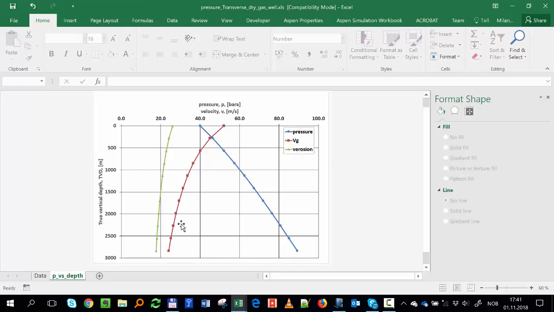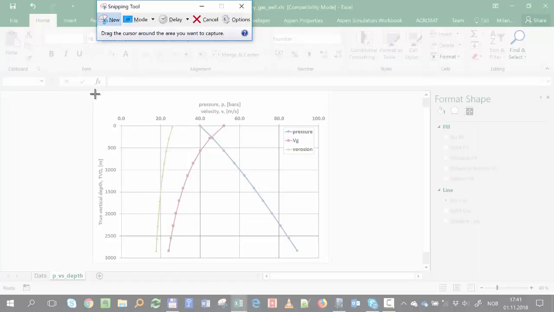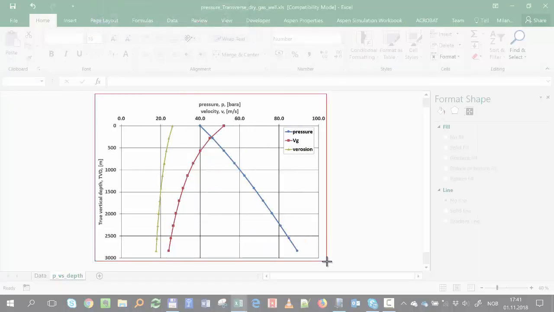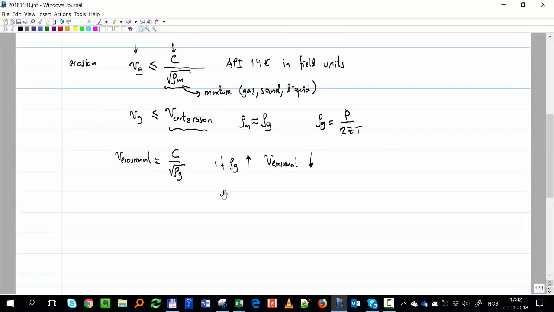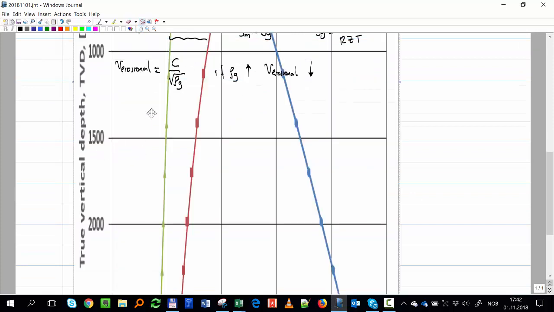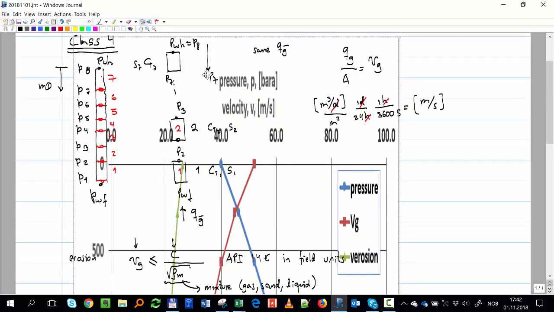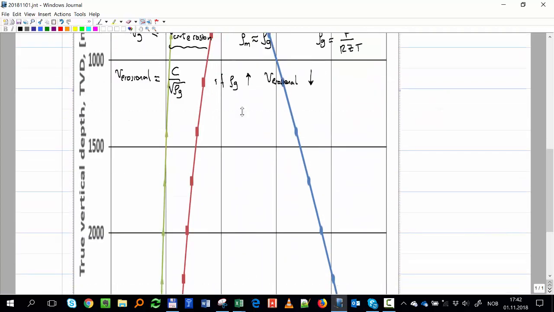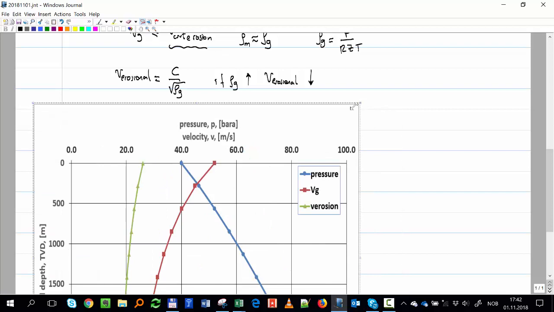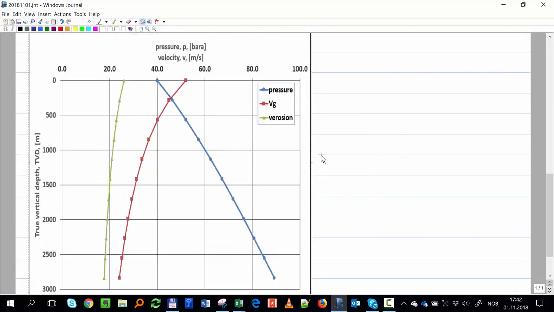And the way I do it, it's a bit crazy way to plot data. Usually I like to put everything that is a distance on the y-axis, and here we're doing the opposite. The reason is that it looks more like the configuration of the well. If you put it like that, you can put the well just next to it.